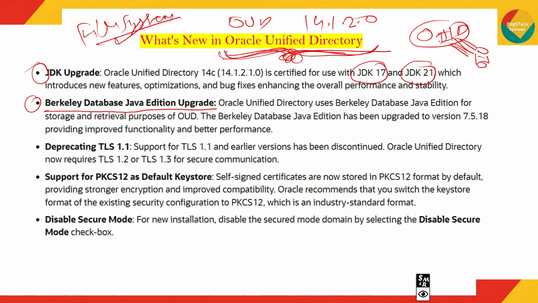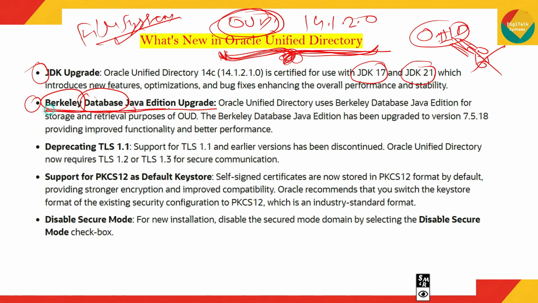That means all the data, user data, policies, everything is stored in the file system. You don't need any database here. But internally, this OUD uses the Berkeley Database Edition, which is integrated inside the OUD, where it stores all the details, usernames and everything.